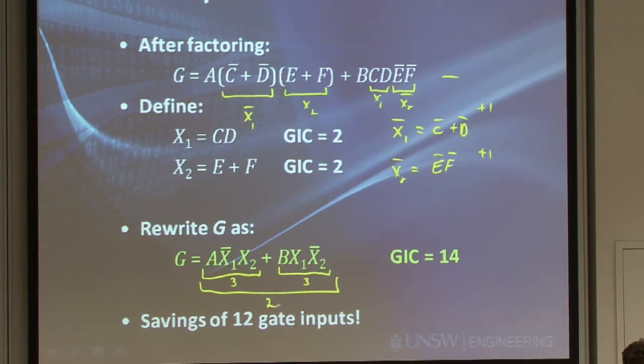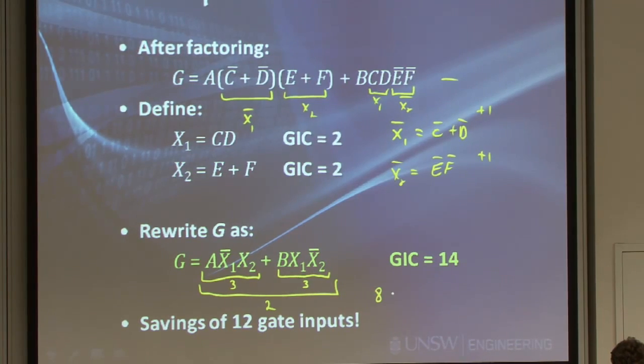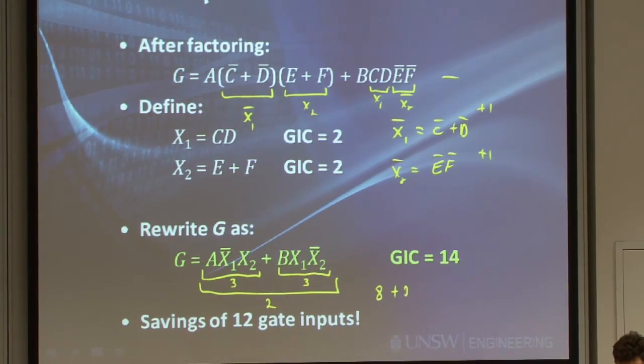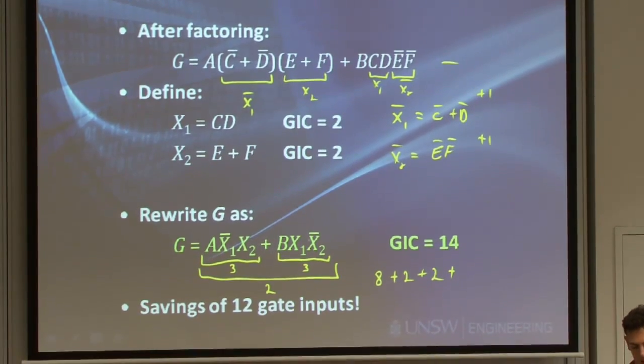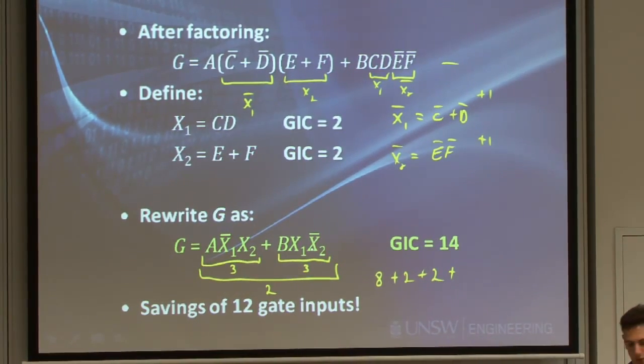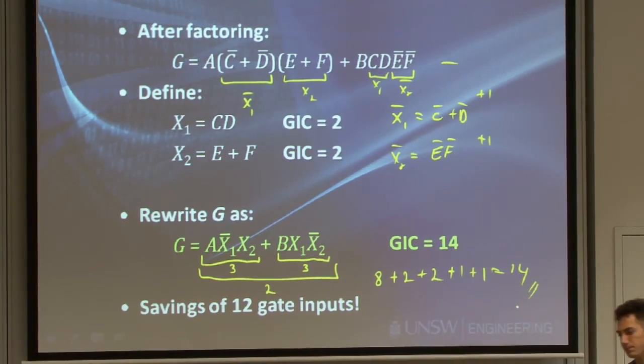We have a 2-input OR gate, so this will give us 8, plus, because we're using x1 and x2, the 2 to generate x1, the 2 to generate x2, and then the inverter inputs, so we had 2 of them, to come up with the overall number, which is 14.